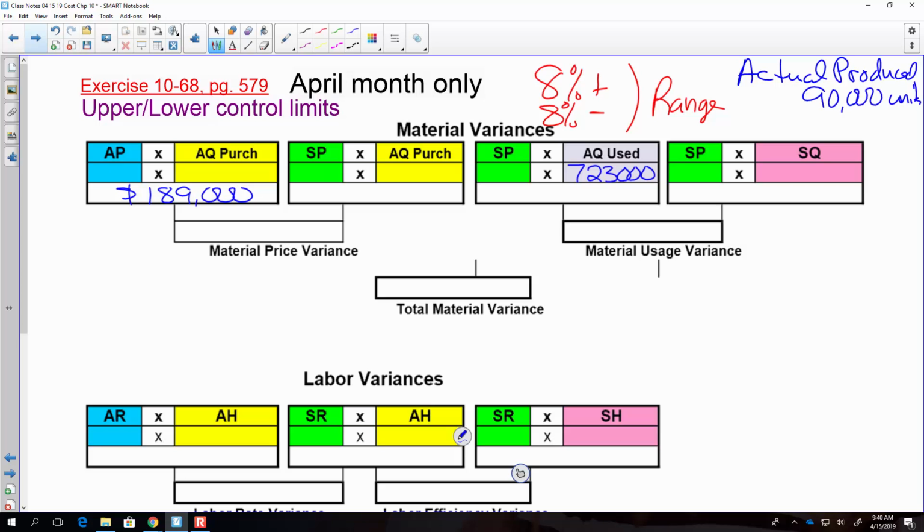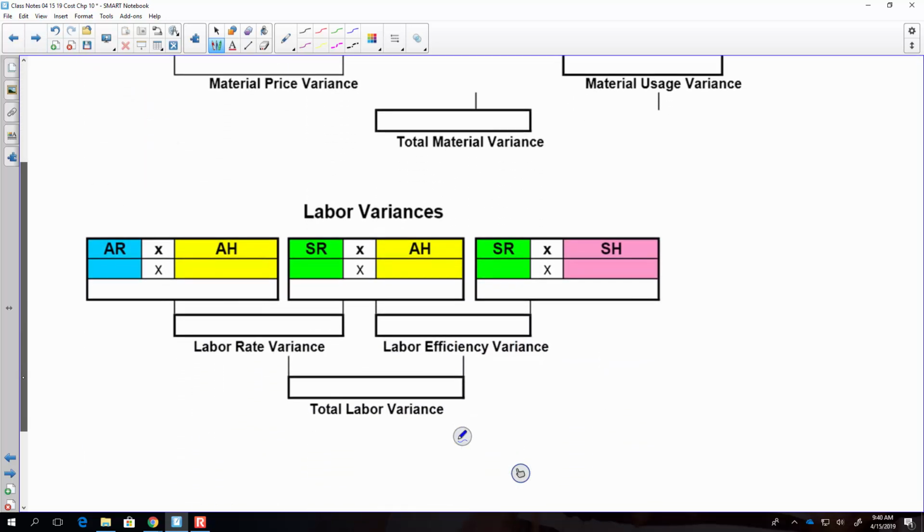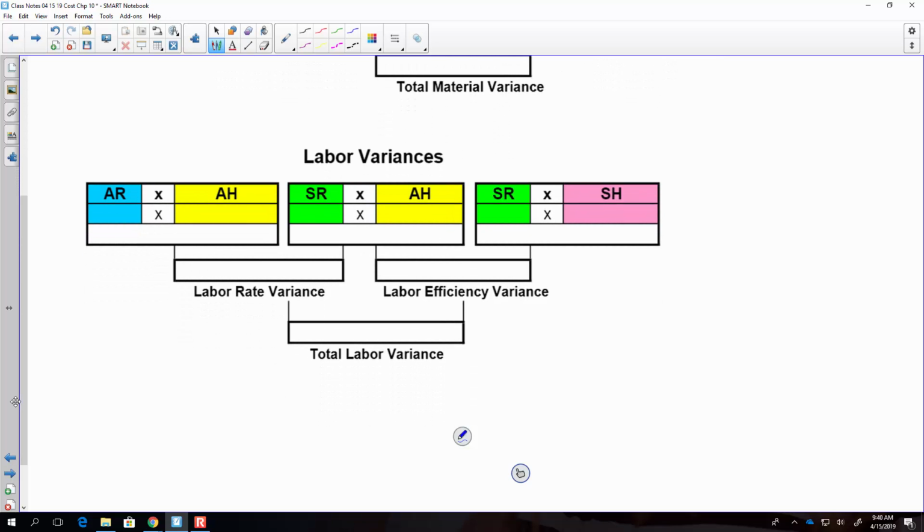Excellent. Going to the labor. Where does the labor cost go? Actual. All is on the left, correct? $270. And then 36 is going where?